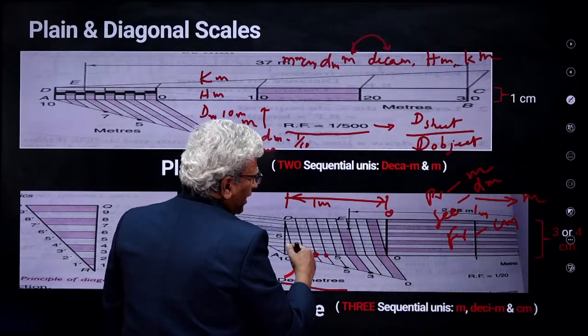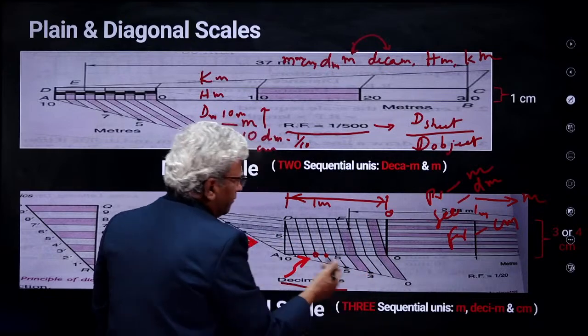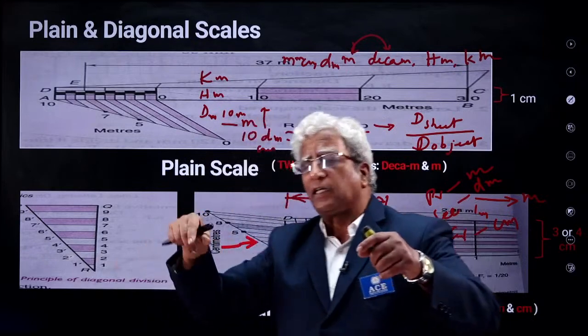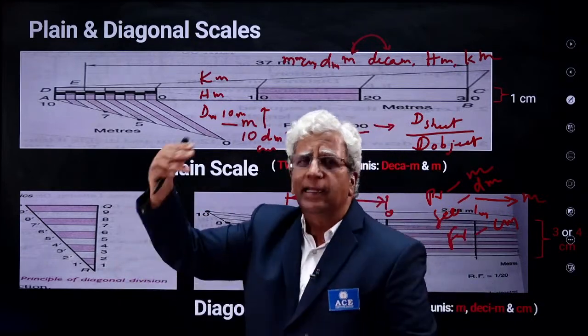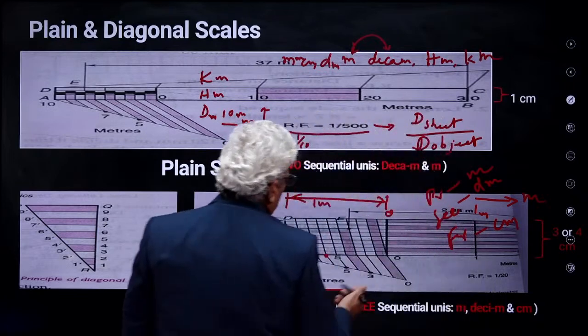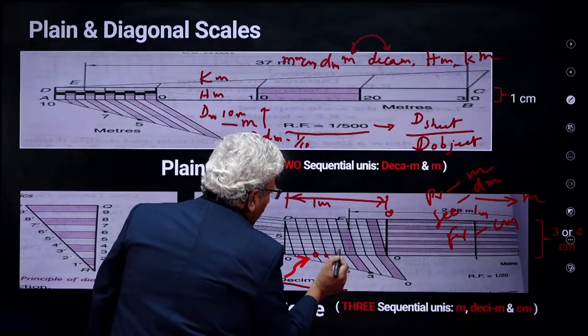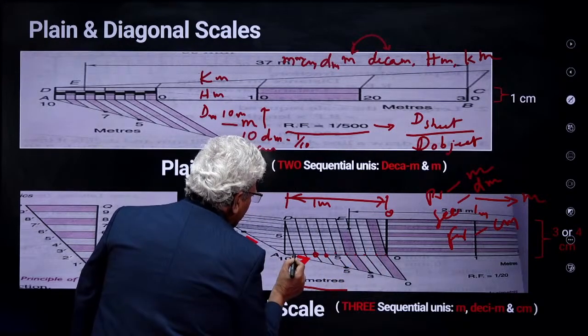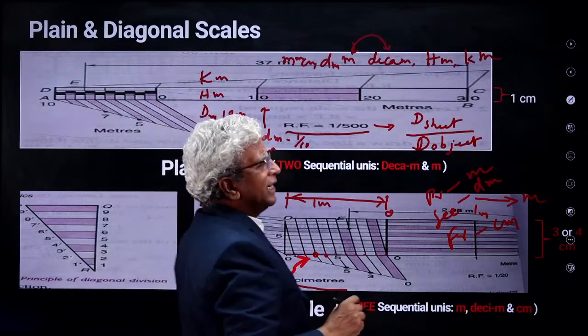How do you divide? Dividing a line, you know, you take a slant line, divide it with a divider, and connect the ends with parallel lines in between. You can do that. So, you got decimeters now. Now we want centimeters.